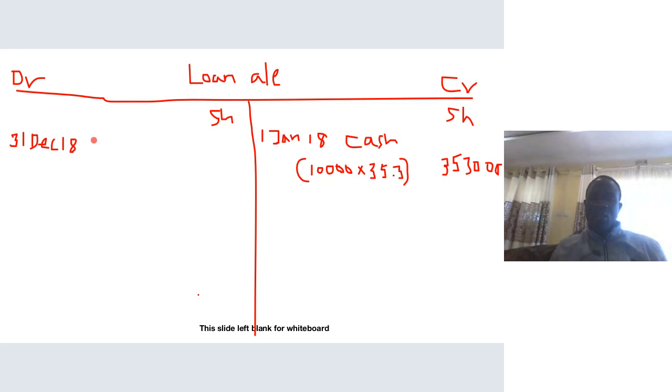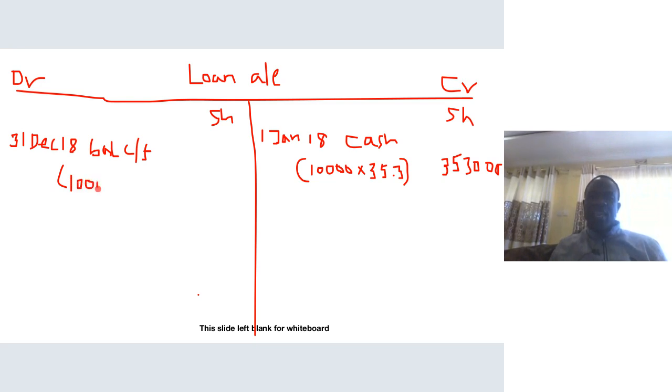Now we'll have the balance carried forward. Remember, we are carrying forward again the 10,000 Canadian dollars.